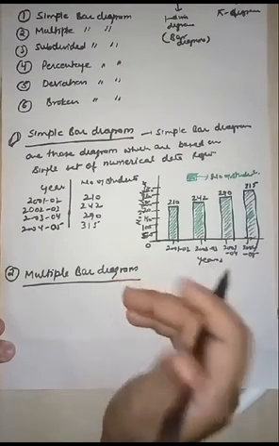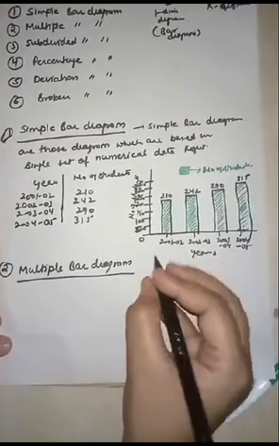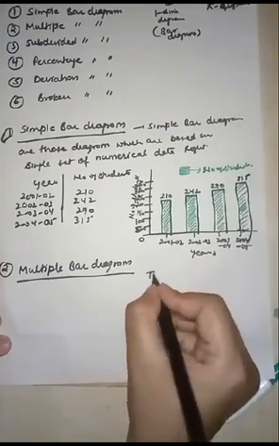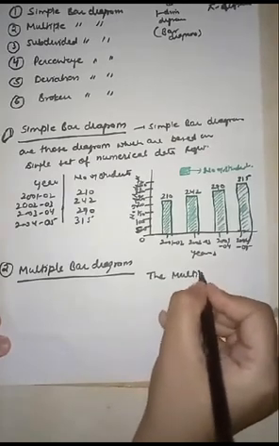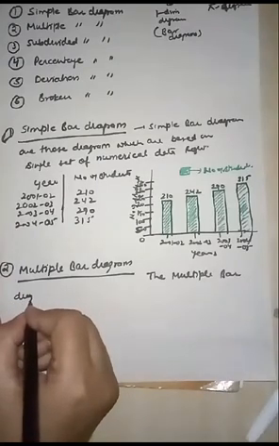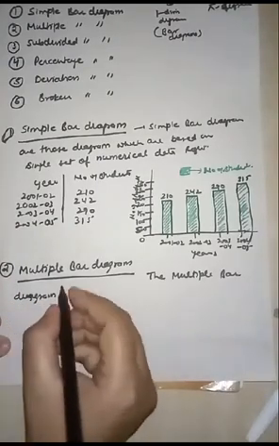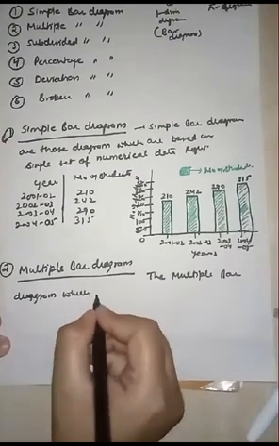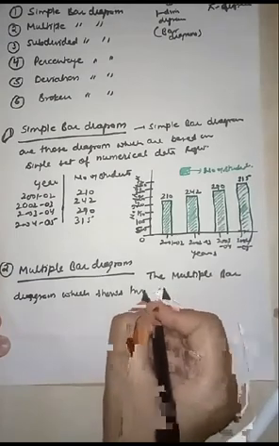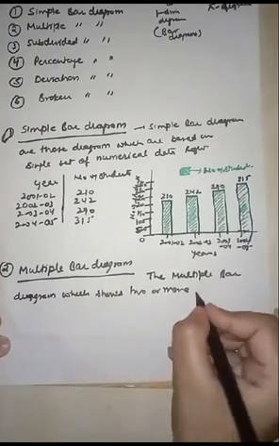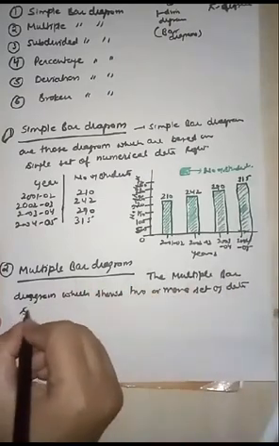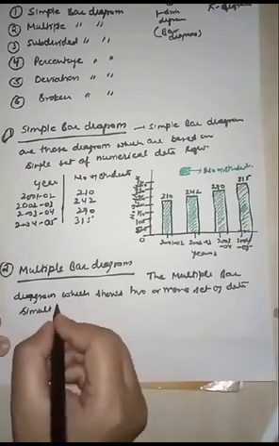So write down the definition. The multiple bar diagram shows two or more sets of data simultaneously.